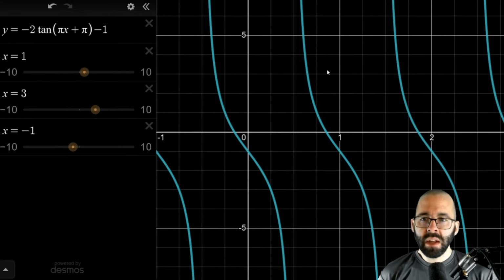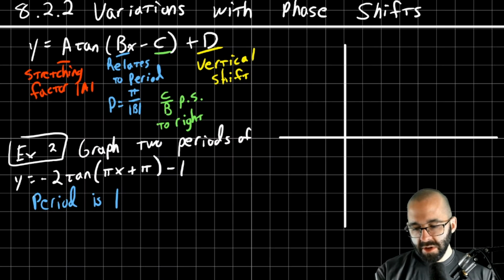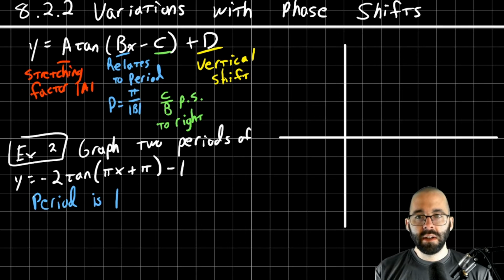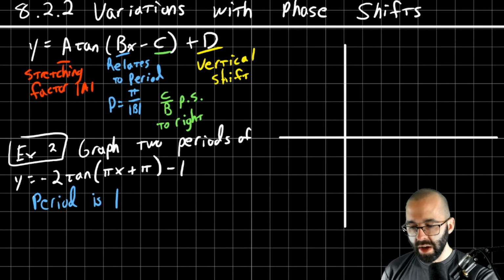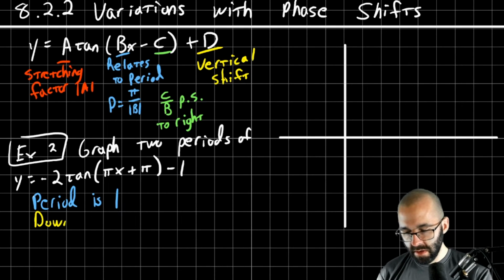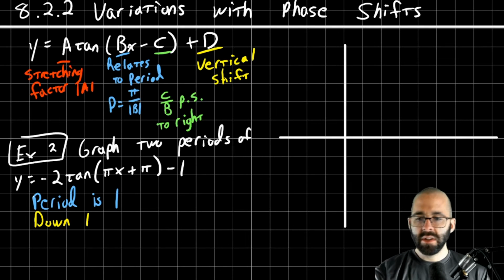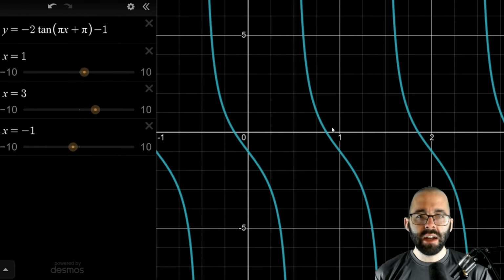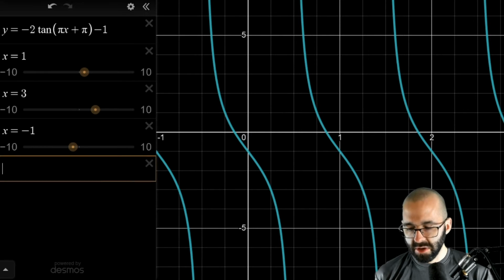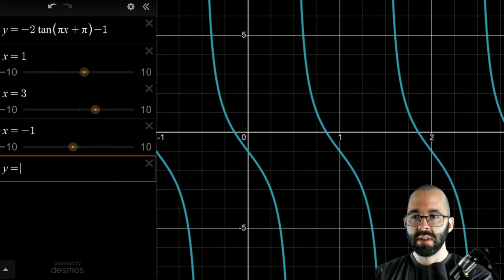Good. And now let's also look at our vertical shift. Our vertical shift is d. Our vertical shift is down 1. So let's look at that because it kind of looks weird. It looks unbalanced without looking at the vertical shift. Let's graph that vertical shift.